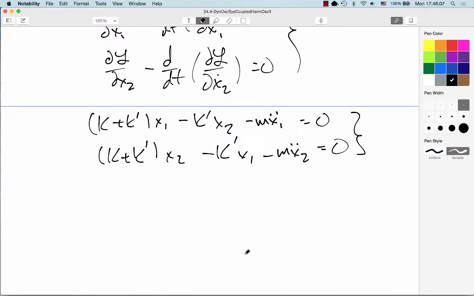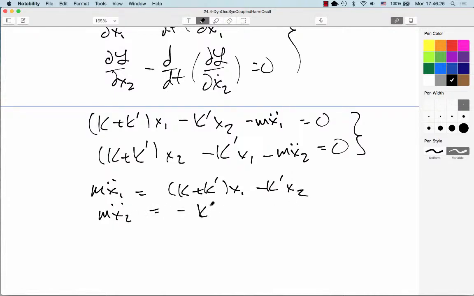All right. So we can go ahead, move these over to the other side. We'll have m x1 double dot equals (k plus k prime) x1 minus k prime x2, and m x2 double dot equals minus k prime x1 plus k prime x2.